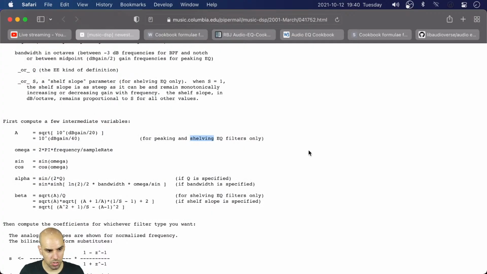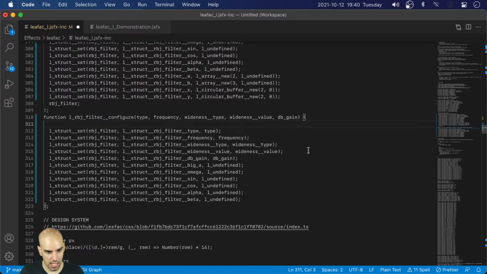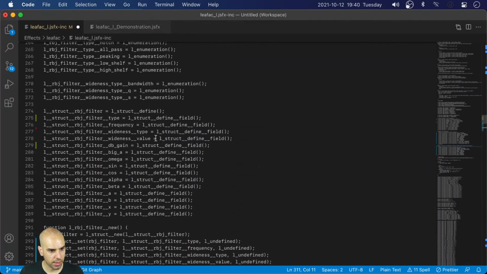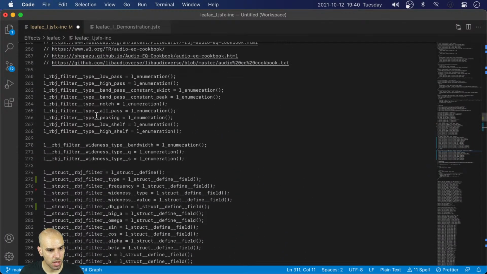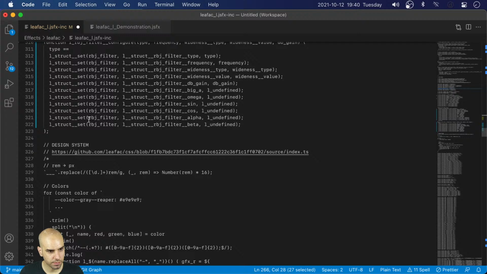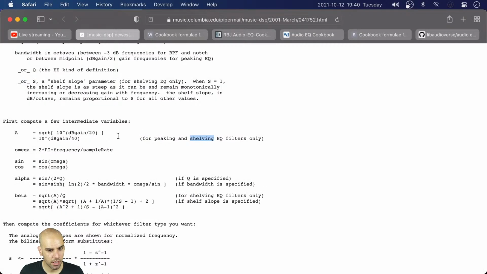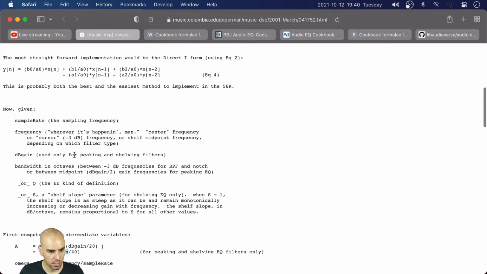What is an error condition? My error condition is if my type is equal to peaking. So if my type is peaking, and my dB gain is set, right? dB gain is only for peaking and shelving.